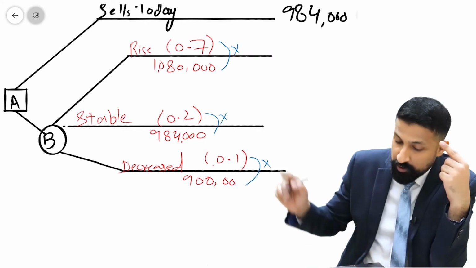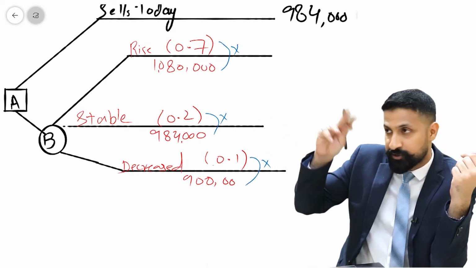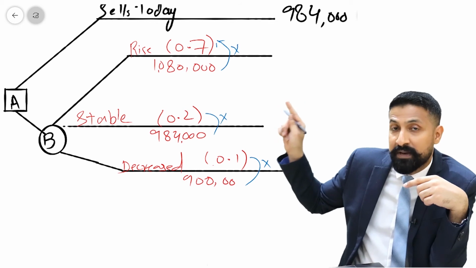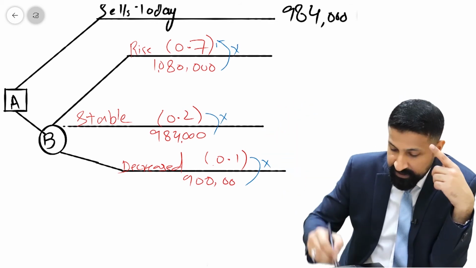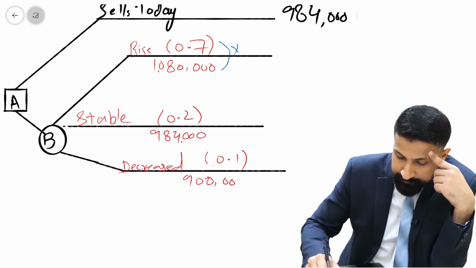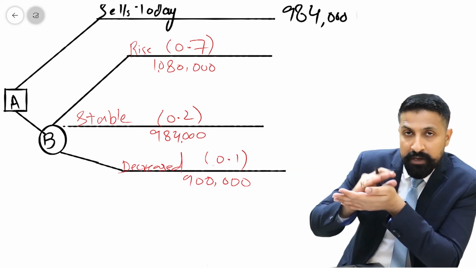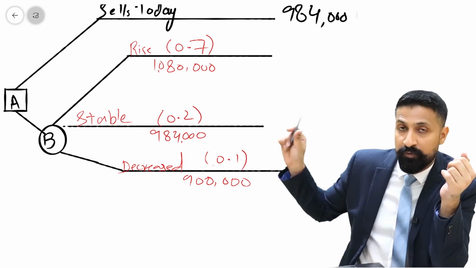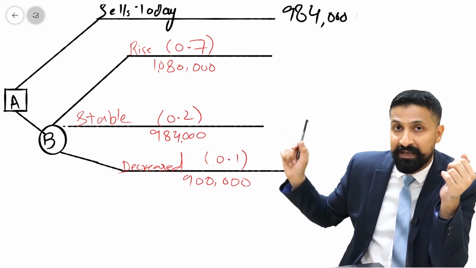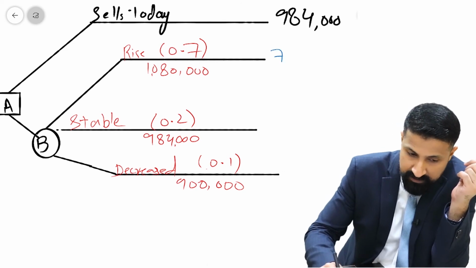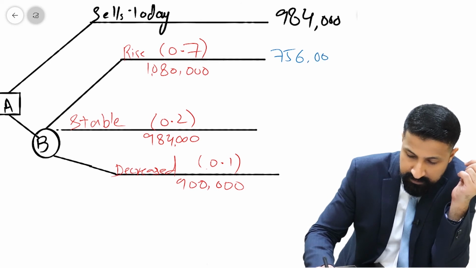You don't have to draw these lines which I drew; I just explained so that you understand. Now I'm removing all of them. Let's discuss the amount. Multiply the probability of price rise: 0.7 times 1,080,000 gives the expected amount, which is 756,000.